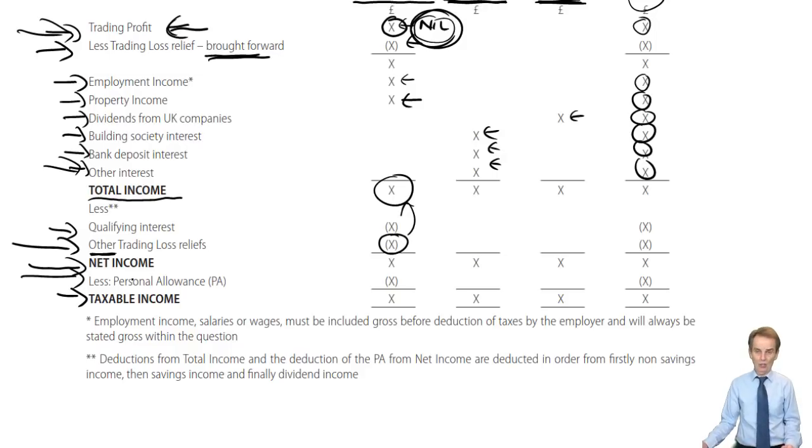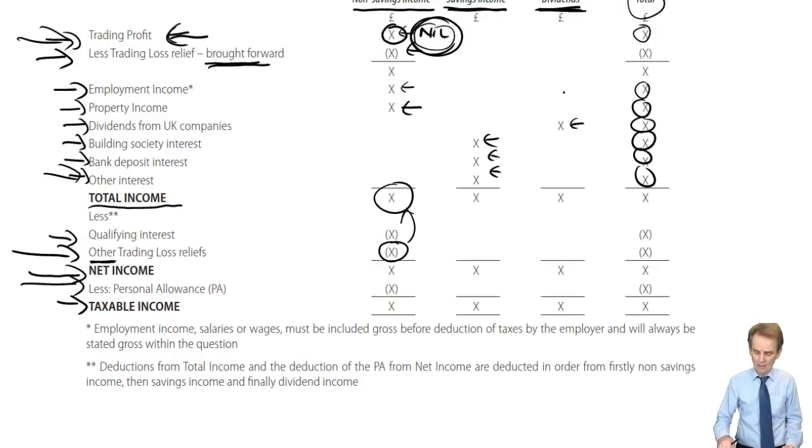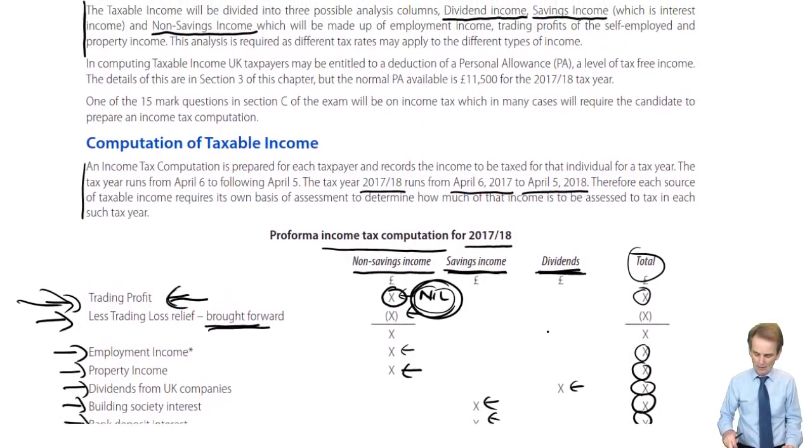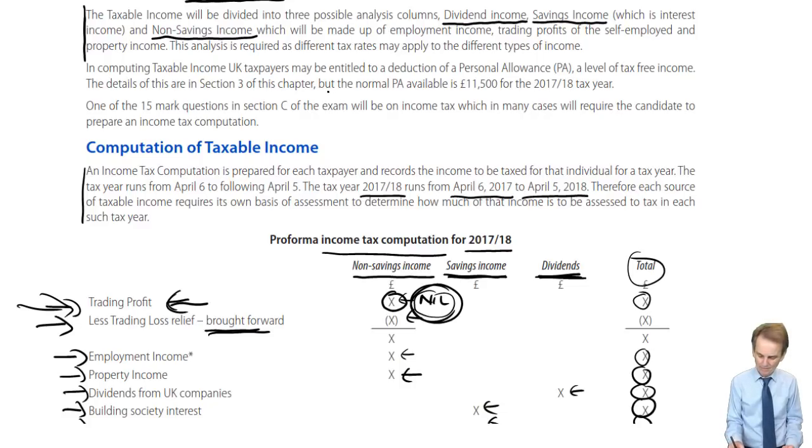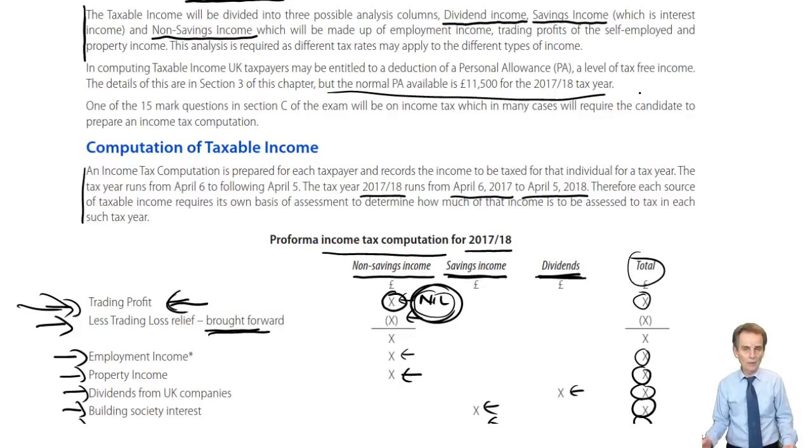For our tax year, 2017-18, as you may have already noted up here, the amount given is £11,500. All of which details of rates and allowances, by the way, of course, are on your rates and allowances pages made available to you in the examination room. But for the 2017-18 tax year, it's £11,500.